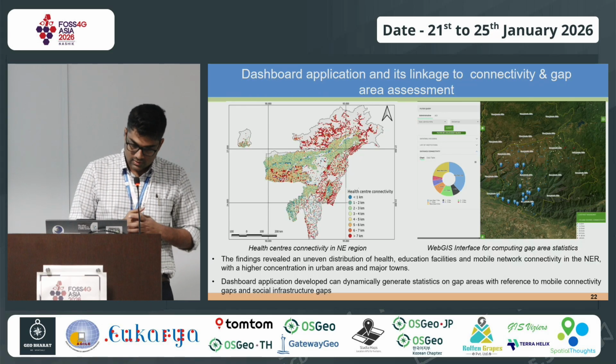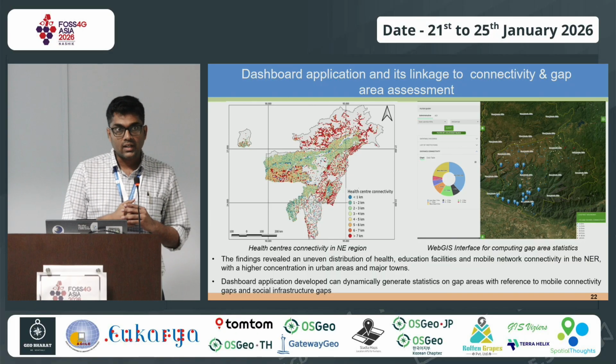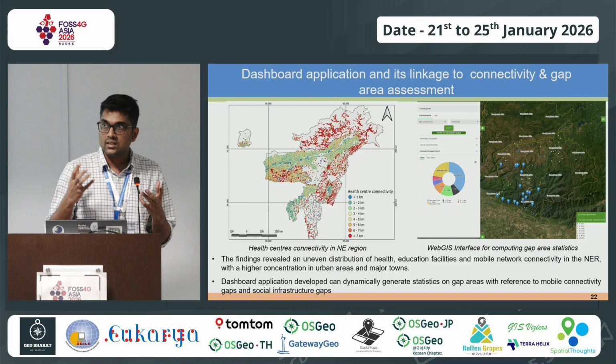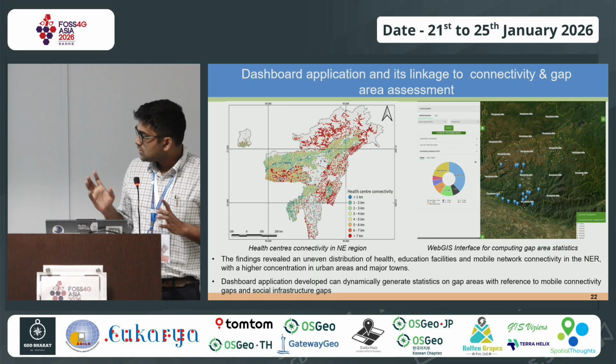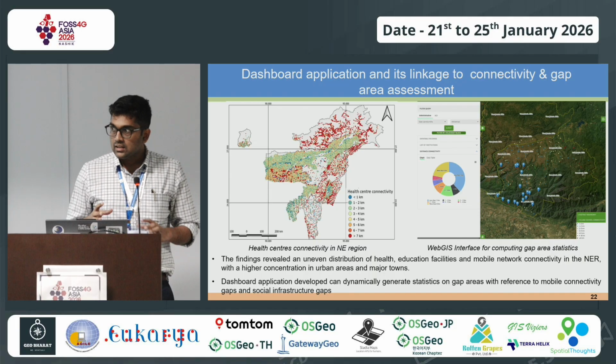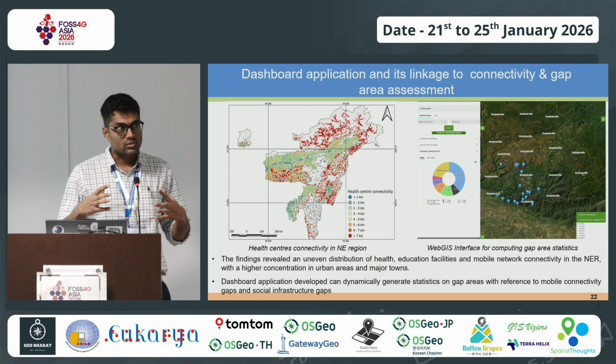Couple of more things that were done. One of them was how do you actually identify the connectivity and gap, especially with reference to health and education sectors and telecom and all this. So as we all know, all health facilities and education facilities have a certain catchment associated with them.